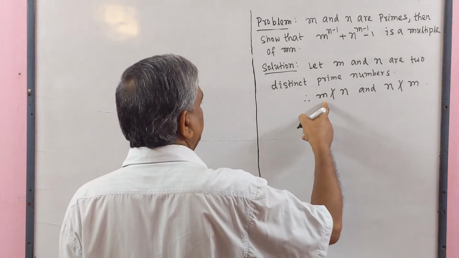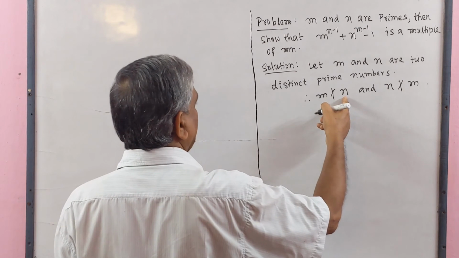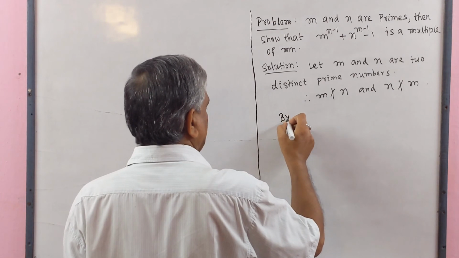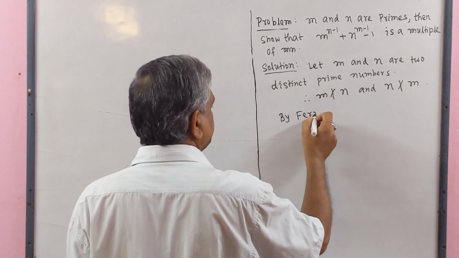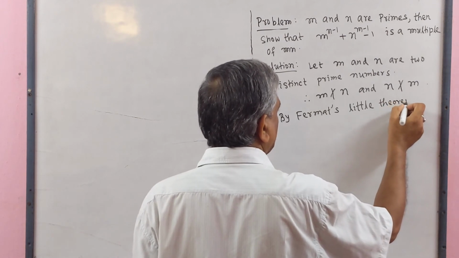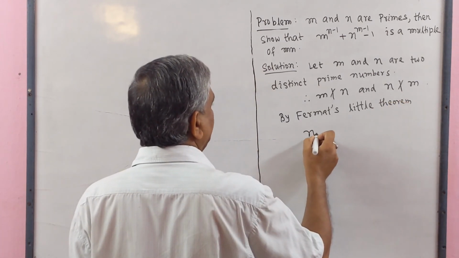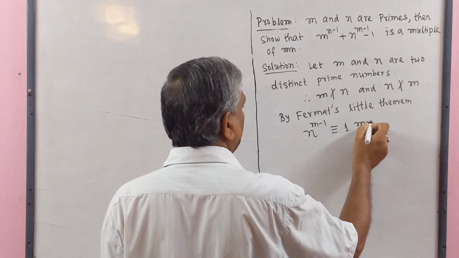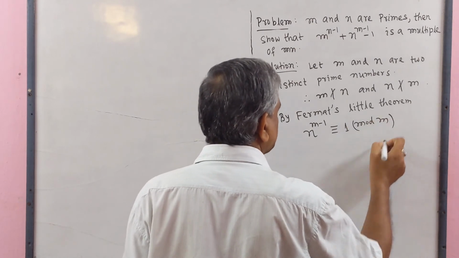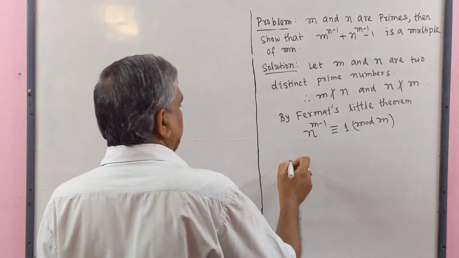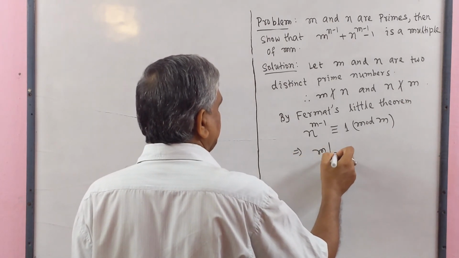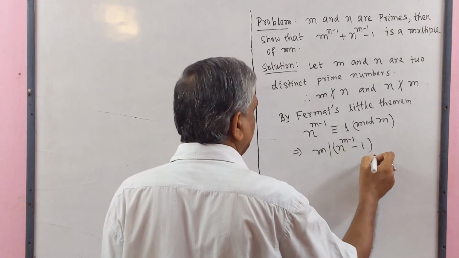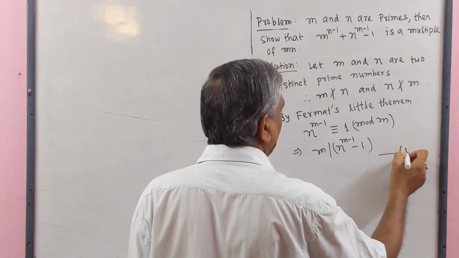If we consider m does not divide n and m is a prime number, then by Fermat's little theorem, n to the power m minus 1 is congruent to 1 modulo m, implies that m divides n to the power m minus 1 minus 1. This is number 1.